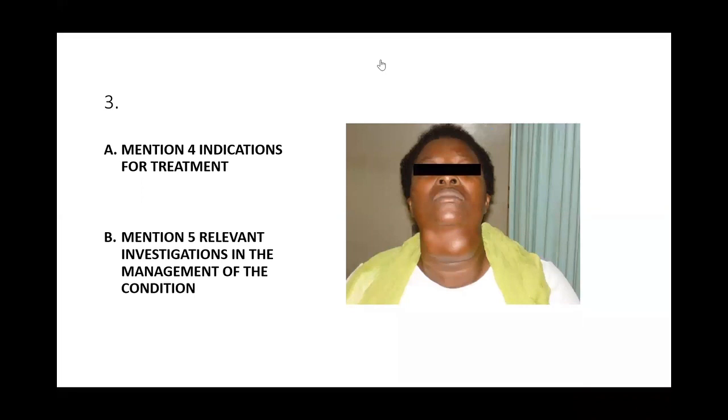Mention 4 indications for treatment of the above condition. Now, you should know the most important indication that usually brings most of the patients to the hospital is cosmesis. Most of the patients present because of cosmesis. 2, toxic symptoms.